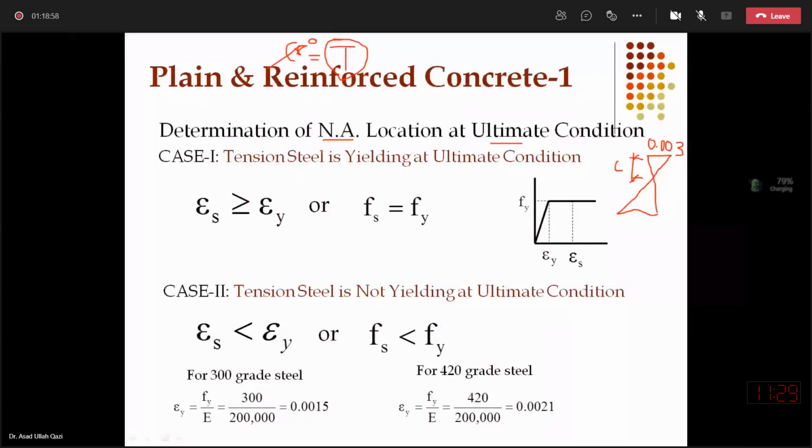But before approaching that limit of crushing in concrete, we want to know what is the strain and corresponding stress in the steel bar, and what was the neutral axis depth at that stage. So these are two very important questions: neutral axis depth and the steel strain.